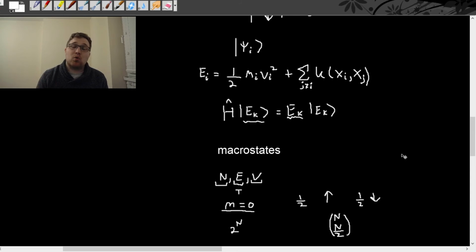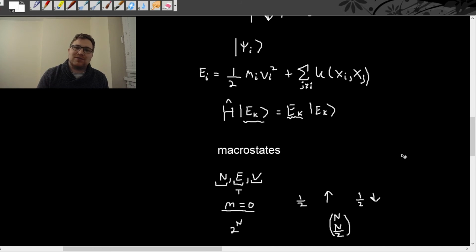So a very important thing to reiterate here is that for every macrostate that someone might give you or that you might write down, there will be a significant amount of microstates that belong to that macrostate.